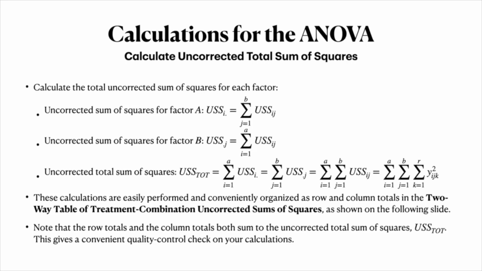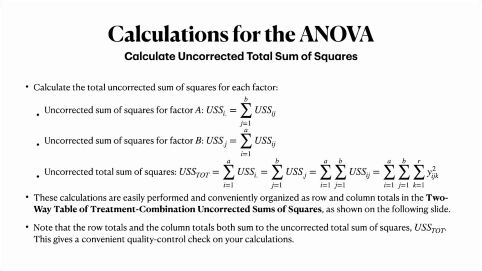We also calculate the uncorrected sum of squares for factor B, USS dot j, and that's obtained by summing up the USS IJs over the first index, I going from 1 to a. And then once we have those, we can use those to calculate the uncorrected total sum of squares, USS tot.